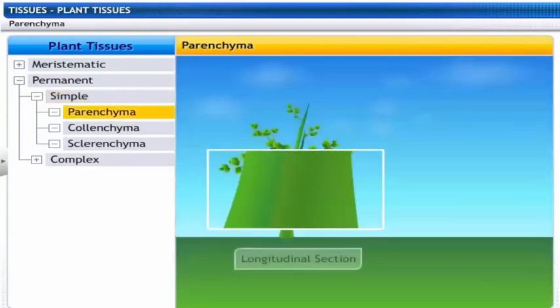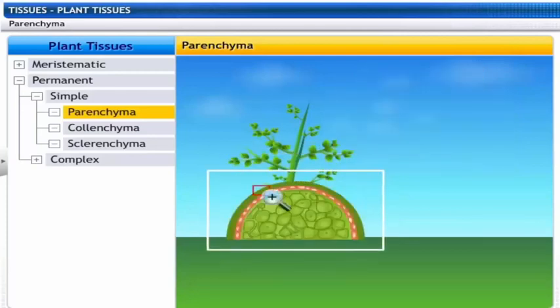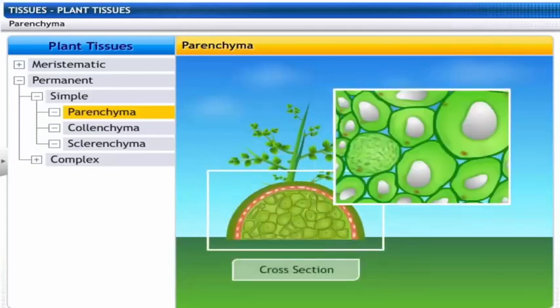This is a stem. Let's explore the tissue parenchyma. Parenchyma are elongated living cells with a cell wall made of cellulose. These cells are polygonal in shape and have a large central vacuole.